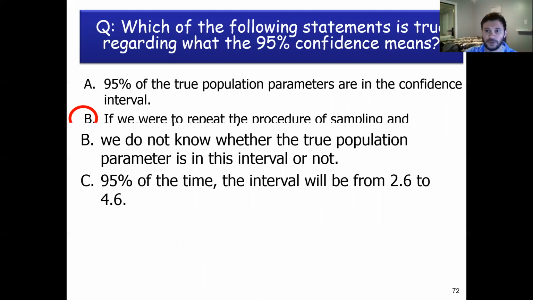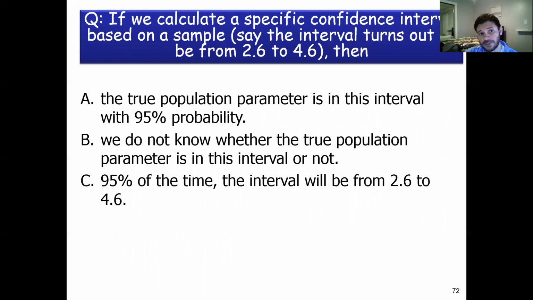Next question related to this one. If we calculate a specific confidence interval based on a sample, which of the following is true? Well, A, note we cannot say that the true population parameter is in the interval with 95% probability. That is not the way to interpret the confidence interval.